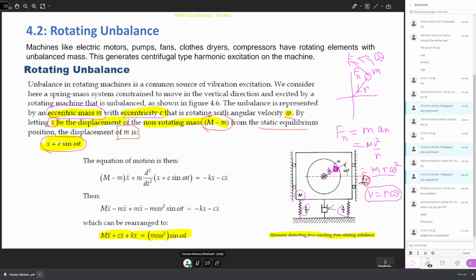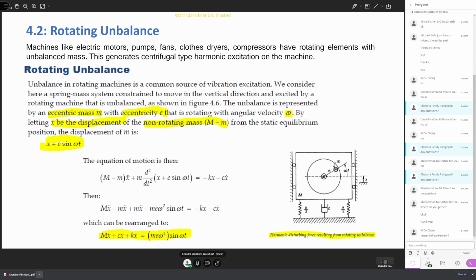Again, we draw the free body diagram. Now for this system, the net mass acting on the system is capital M minus m, so mass into acceleration. Due to the displacement, the second derivative of the displacement gives the acceleration. The acceleration of the small mass m is the second derivative of x plus e sine omega t, which is the net displacement.